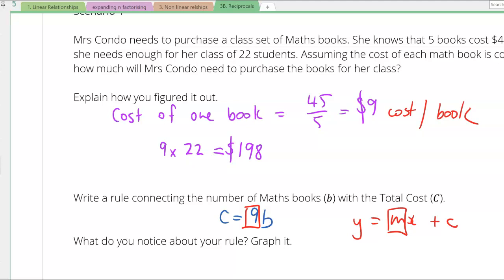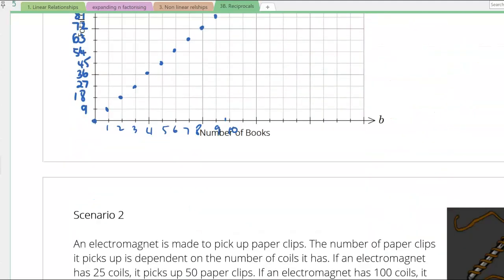In this case, that 9 is the cost per book. So this idea of proportion: as one increases, the other increases, and as one decreases, the other decreases. So if I decrease the number of books I need, I'll decrease the cost as well. That is the direct proportion connection here.